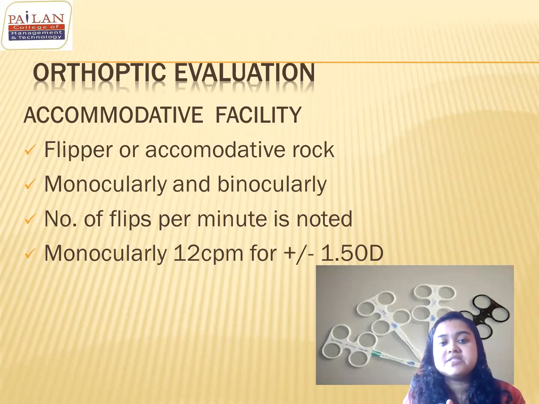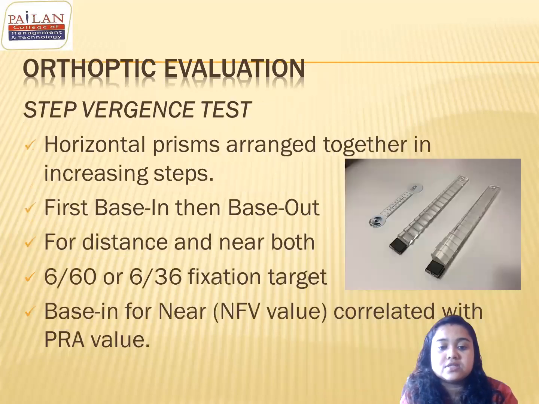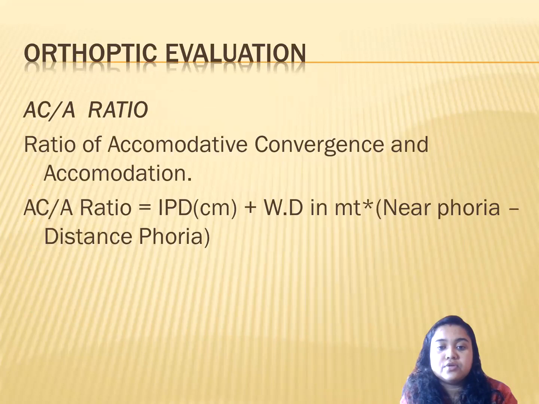Whether the patient is having any accommodative infacility or not, I can find out by the accommodative facility test. We can do it with the accommodative flippers, and we can use a Ward-Rock card. How does a Ward-Rock card look like? I'll just show you once.